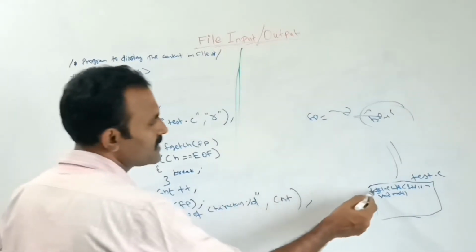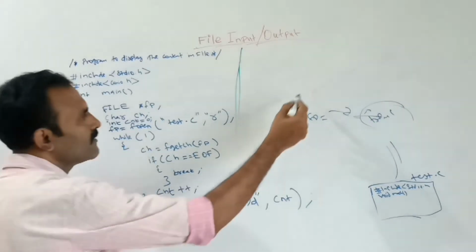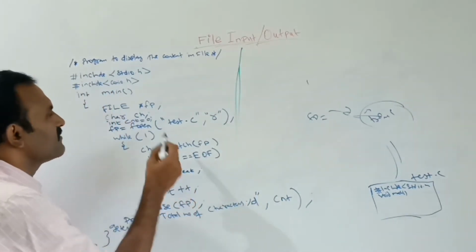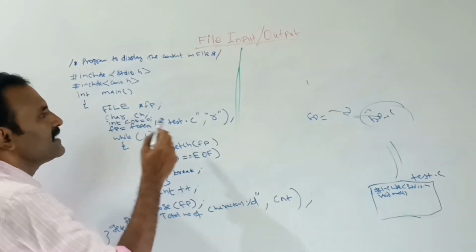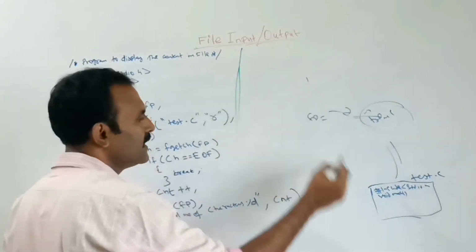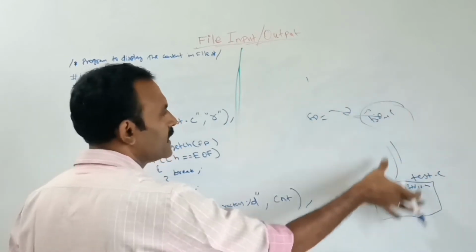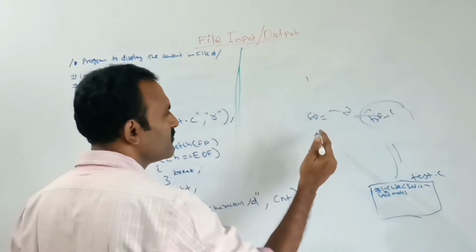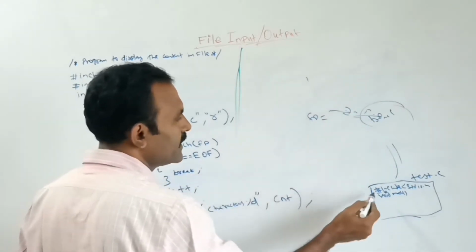Very first, this symbol is not EOF, so cnt will be 1, and each and every time it will count one by one from the initialized value. The initialized value is 0, 0 plus 1 is 1. Each time it will not read from disk, it will read from the buffer. The entire content will be stored in this buffer, and from this buffer it will read character by character. So how many letters?